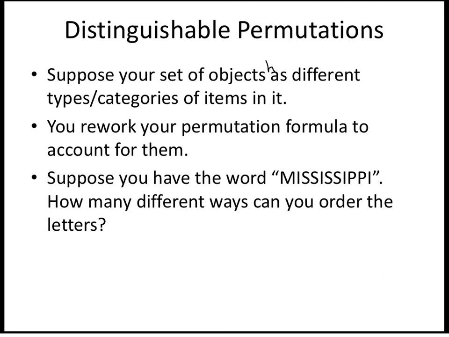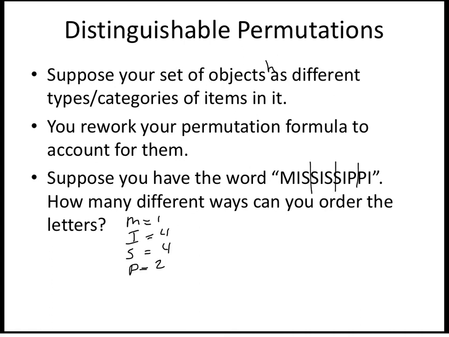Well, I've got M's, I've got 1. I's, I've got 1, 2, 3, 4. S's, I've got 4. And P's, I've got 2. So how many different ways can we order the letters? How many letters total? We have 3, 6, 9, 10, 11.